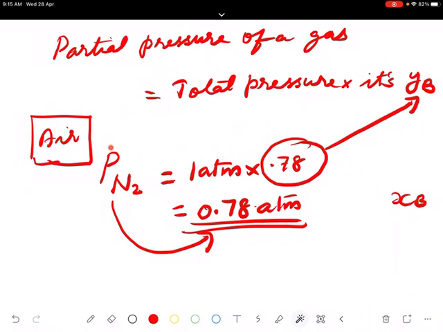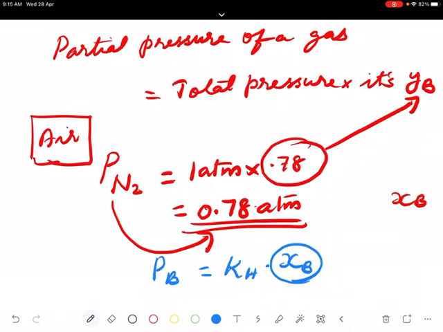Again, going back, partial pressure means individual pressure. This YB is the mole fraction. This equation we have learned in class 11th. In Henry's law, what is Henry's law? PB is equal to KH into XB. XB is the mole fraction in the solution.